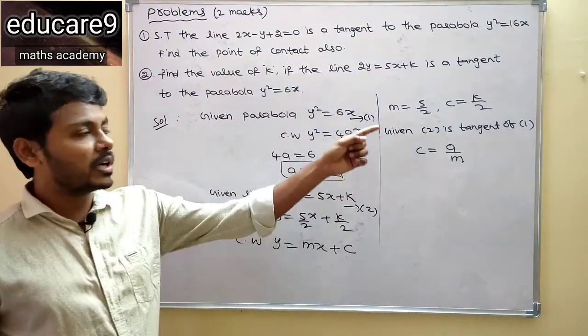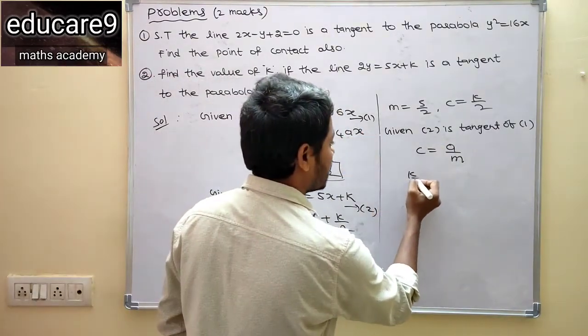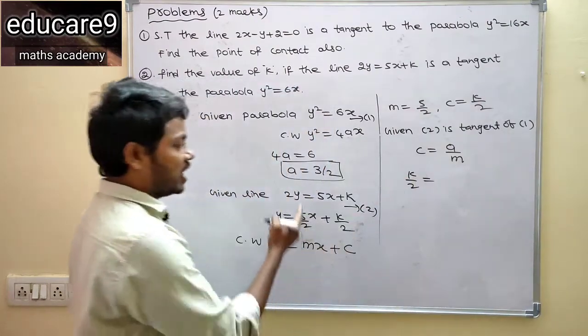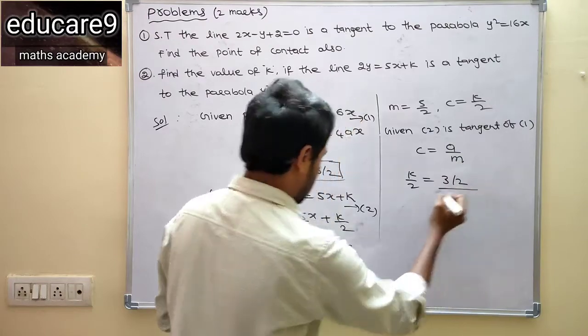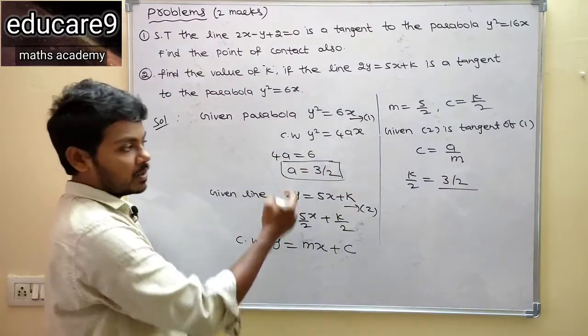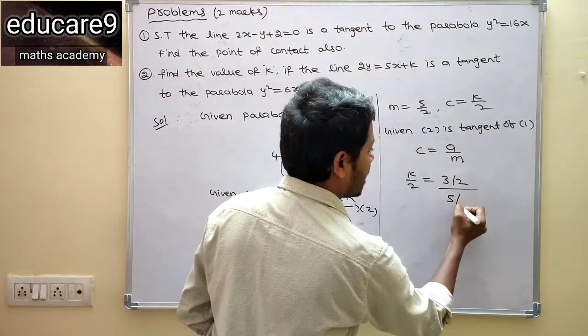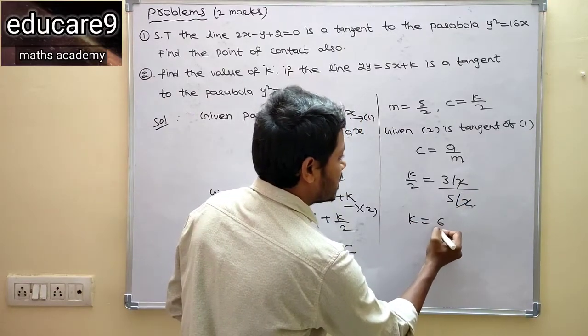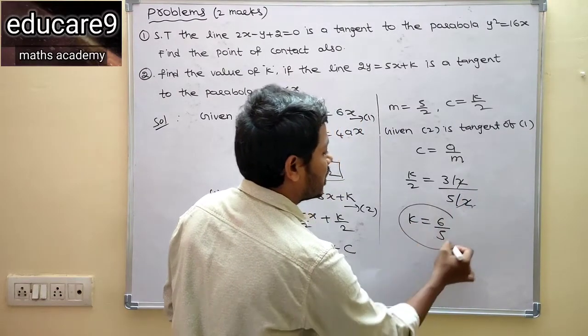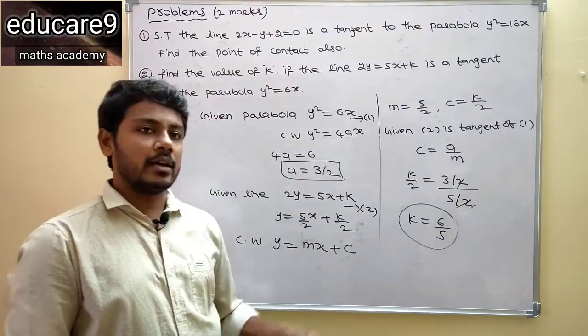What is the c value? k by 2. And what is the a value? 3 by 2. And what is the m value? 5 by 2. So clearly the value of k is 6 by 5. Okay, so this is the required answer.